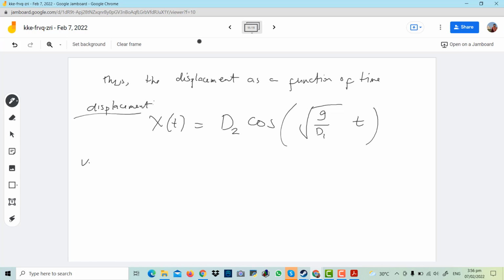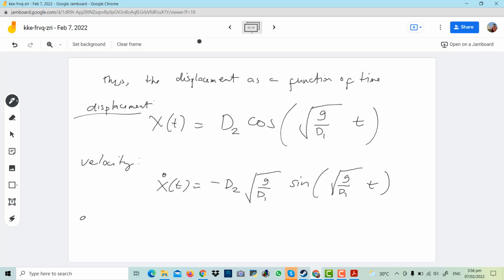How about my velocity? You just have to derive this function x as a function of time. The derivative of cosine is negative sine, so I have negative d2 times omega, which is the square root of g over d1, sine of the square root of g over d1 times t. How about my acceleration?